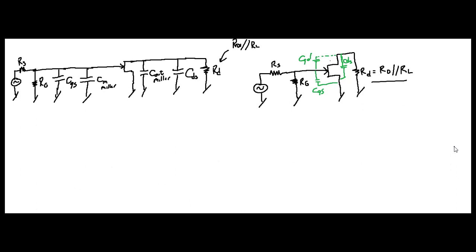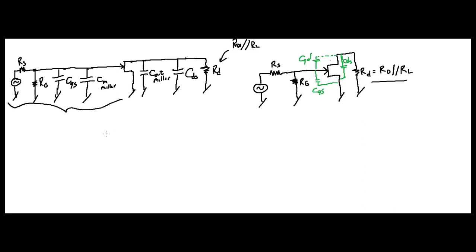Alright, so let's look at the input critical frequency here. And remember, this is for the high frequency. We already did the low frequency, so we're talking about the high frequency amplifier response. Specifically, we're looking at the input here for an FET, and we're going to be interested in this part right here.